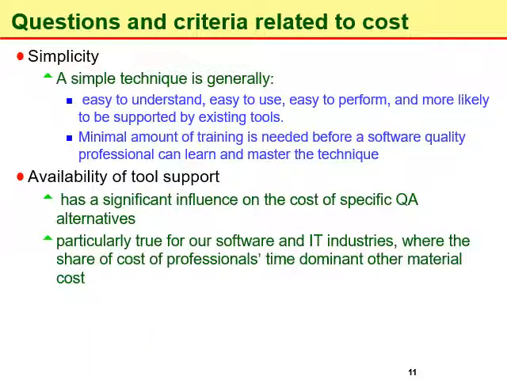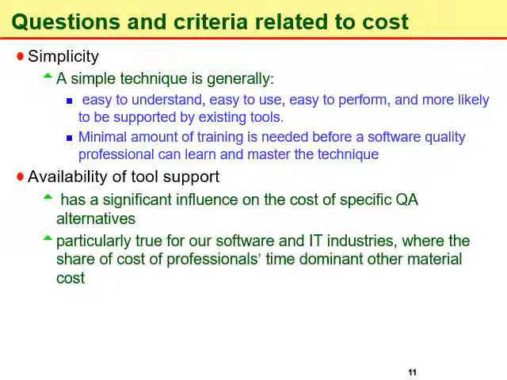So the first factor is simplicity of the techniques associated with the specific quality assurance alternatives. A simple technique is generally easy to understand, easy to use, and easy to perform, and more likely to be supported by existing tools. Moreover, a minimal amount of training is needed before a software quality professional can learn and master these techniques.